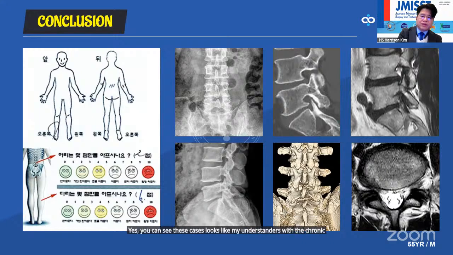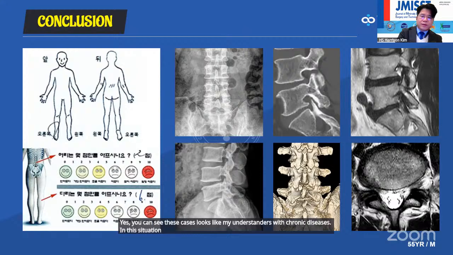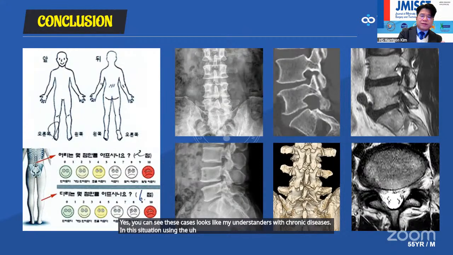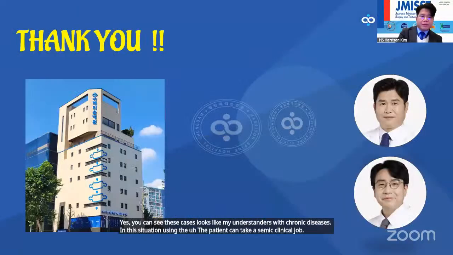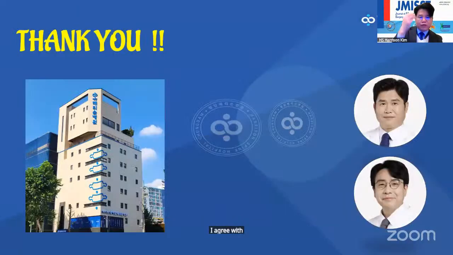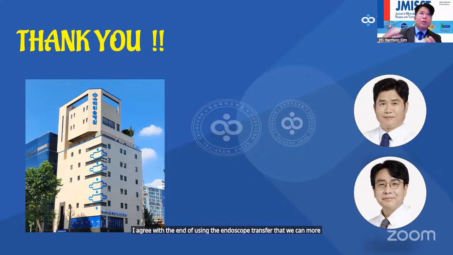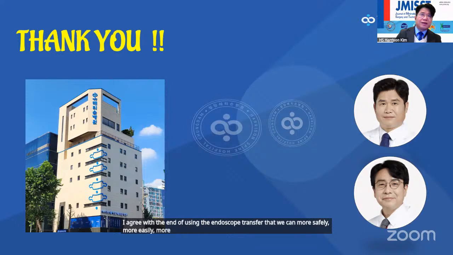In this situation, using total resection of the superior articular process for decompression, the patient can get an excellent clinical result. I believe that using endoscopic spine surgery, we can more safely and easily, with wider indications, treat foraminal to extraforaminal disc pathology successfully.